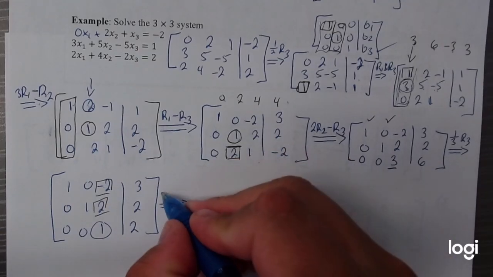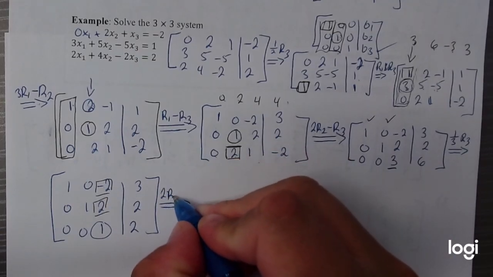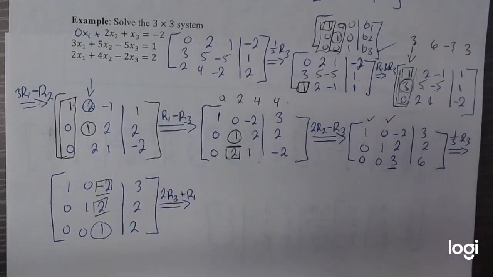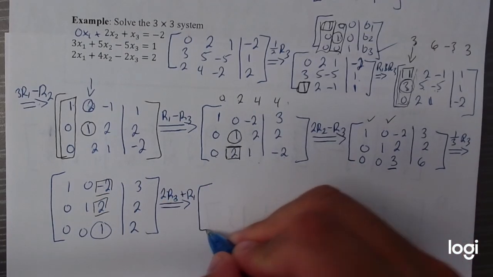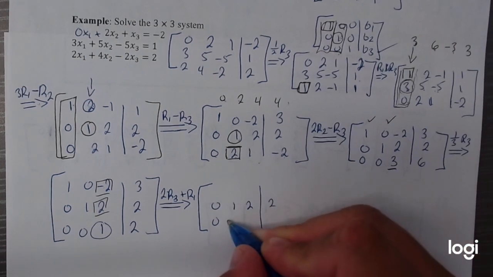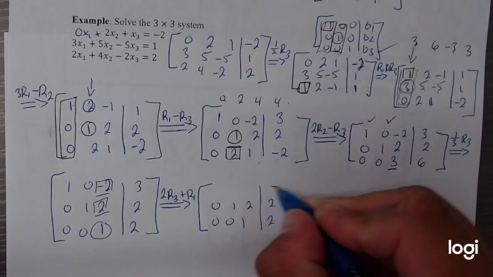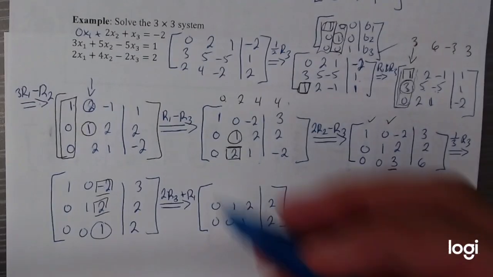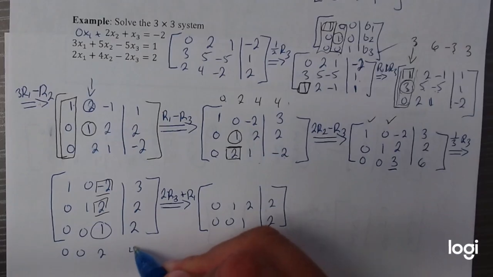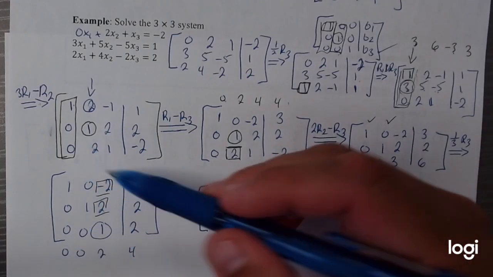So it looks like I just multiply row 3 by 2, and all I have to do is add it to row 1 because they're already opposite sign. So everything else stays the same. So I'm going to multiply row 3 by 2, so it'll be 0, 0, 2, and 4. And I'm going to add it to row 1.